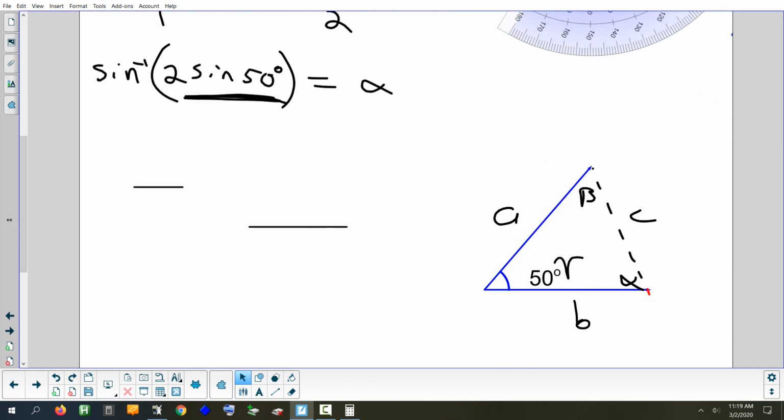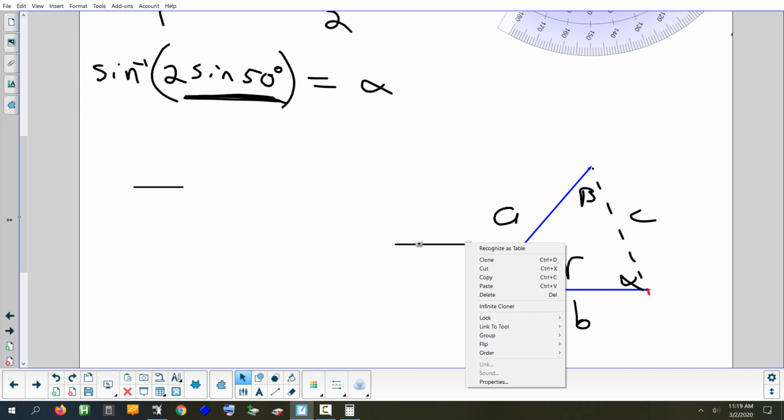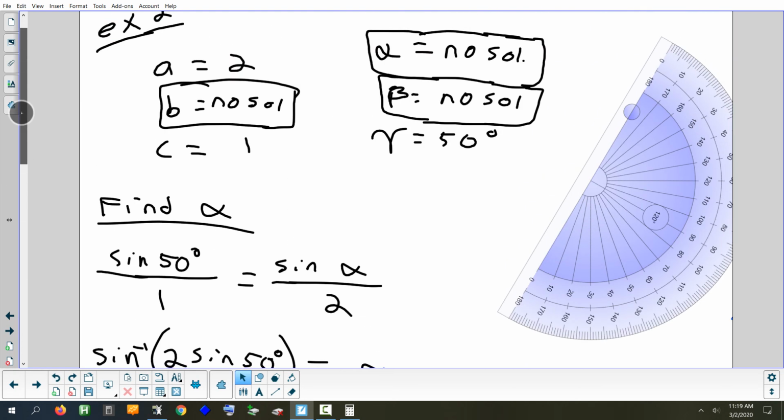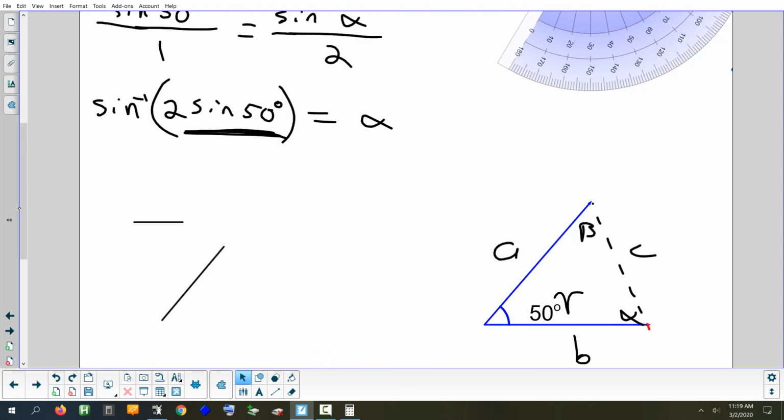Okay, so let's take A and let's group that together, which I thought I did. I'm going to rotate it, and I have to rotate A so that it's at a 50-degree angle. That's pretty close. It's close enough. Okay, so there's A. The other side I know is C. Well, C is the side that comes off of A on the right.